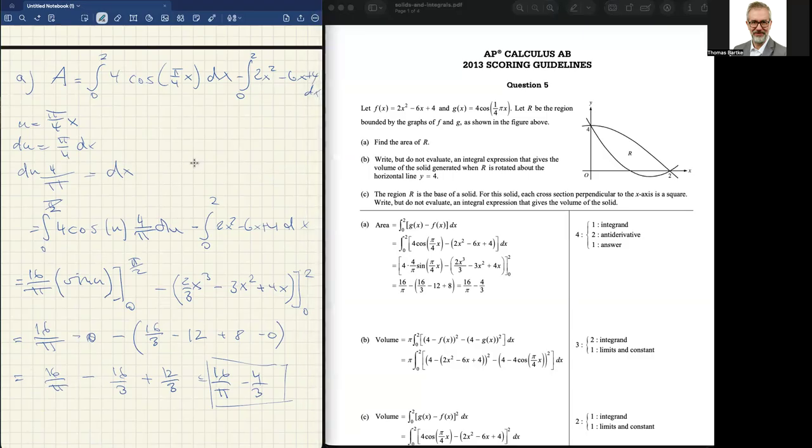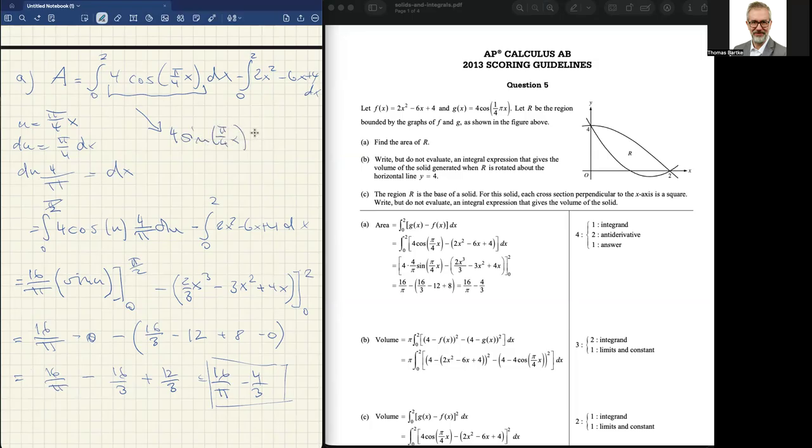Usually when you have just a simple factor and nothing else, you can find the antiderivative directly without going through u. So if this is your original function, the antiderivative of that would be 4 sine of pi over 4 x.